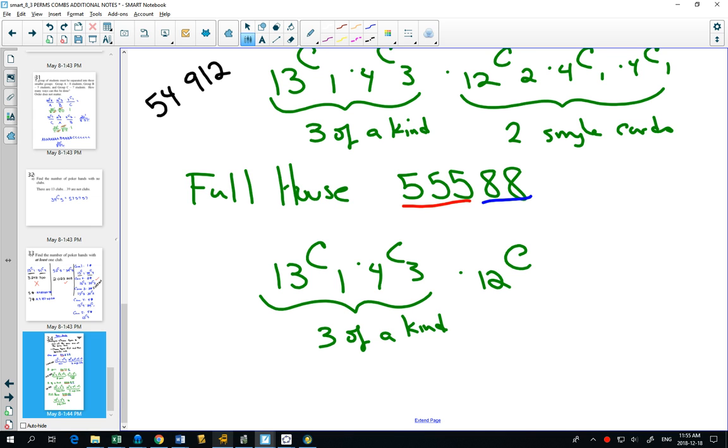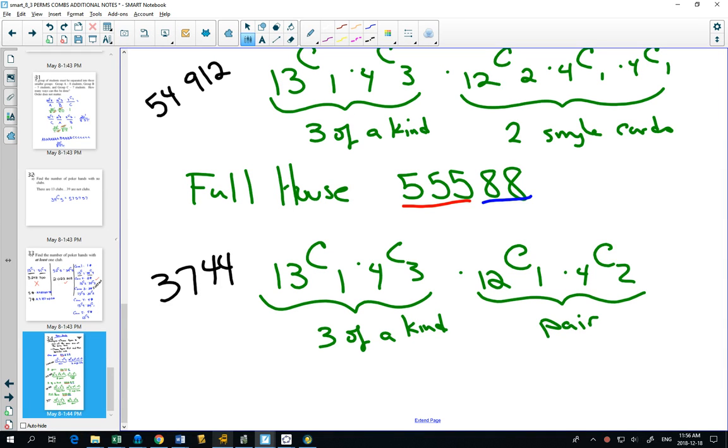And then you have 12 kinds left, or 12 types left. You choose one of those to be your pair. So that becomes a really good hand in poker because it is quite unlikely.